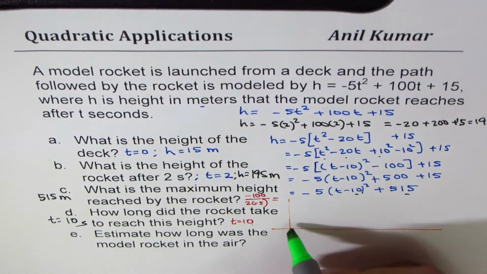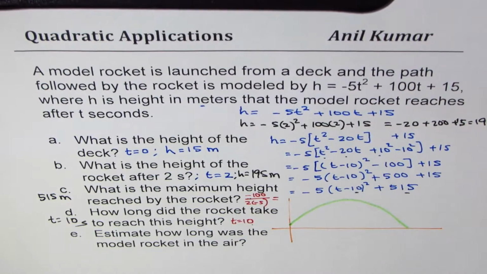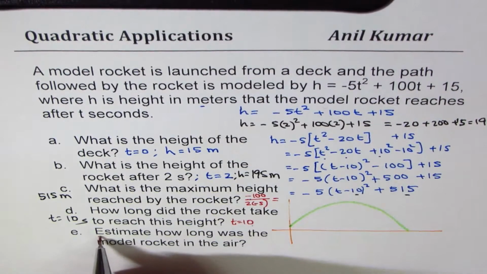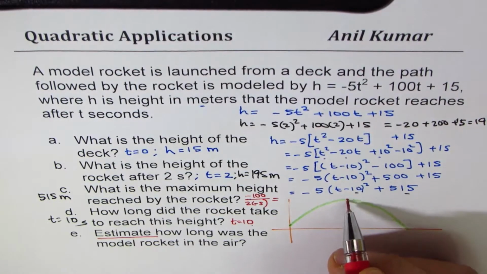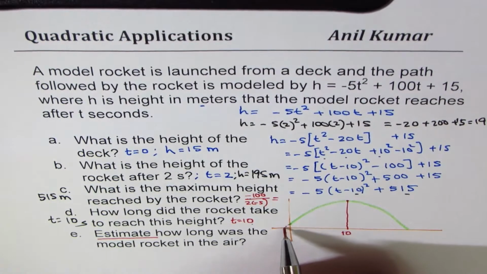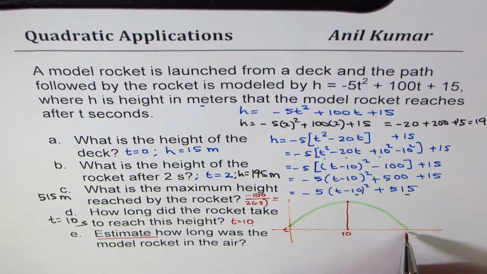The path will be starting from here, going to the top, and then bottom. So when we use the word estimate, we know this peak occurs when t is 10. Now, that is a small amount of time, correct? So normally it will be midway, so it is, let's say, less than 20.